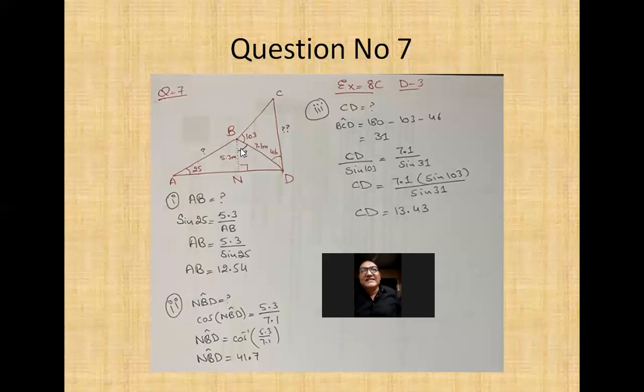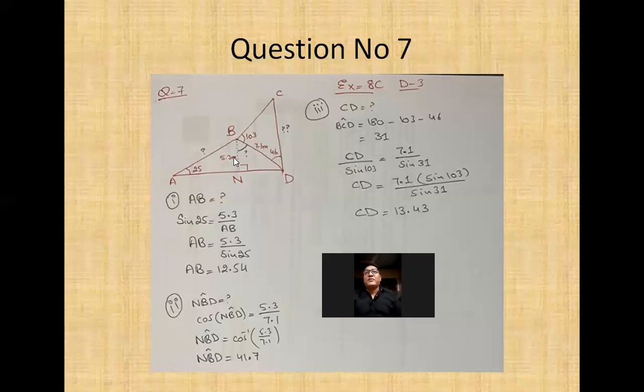If this angle is under consideration, then you know this is my hypotenuse, which is 7.1 meter. And that side which is touching with this angle, so we call this side base, or some people call it adjacent side, the adjacent side is 5.3 meter, and I want to know the angle, the hypotenuse is given. So I can use cos. The cos theta is equals to base by hypotenuse.